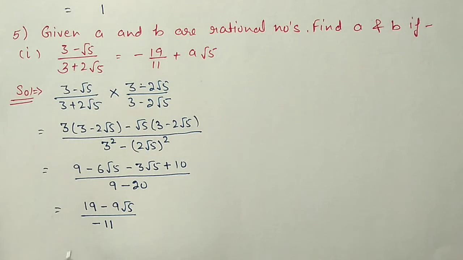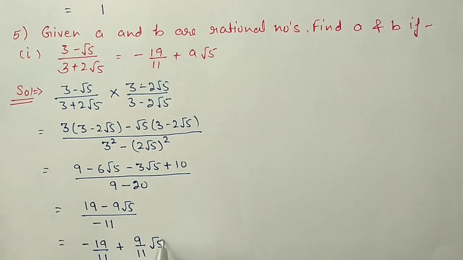Now we can split it and write it as minus 19 by 11, then minus will become plus 9 by 11 root 5.